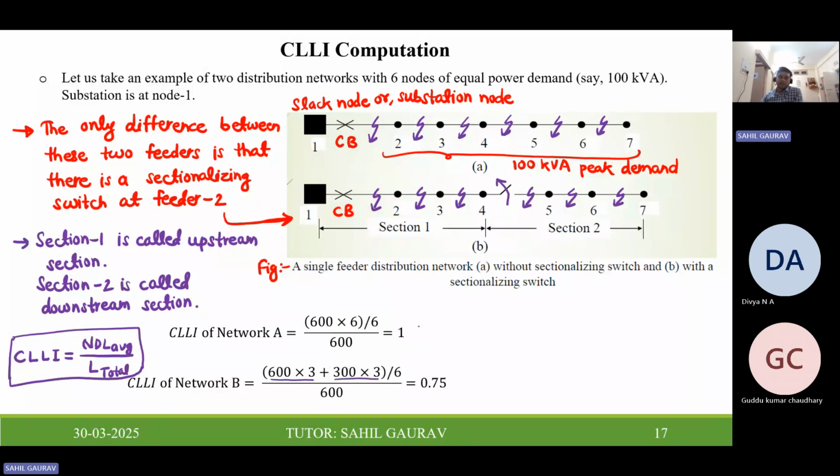So for network A, we can say that this is the worst possible value of CLLI, because CLLI varies from 0 to 1.